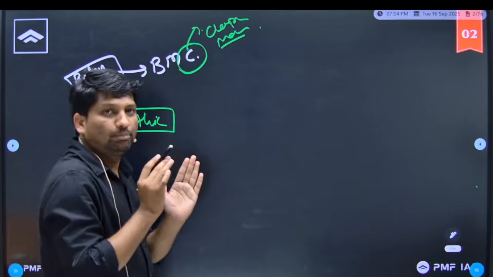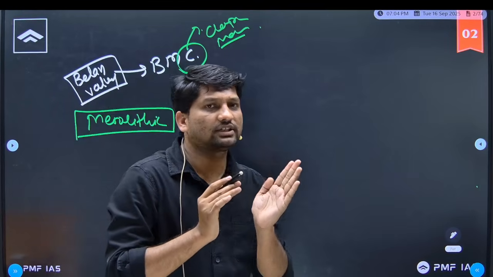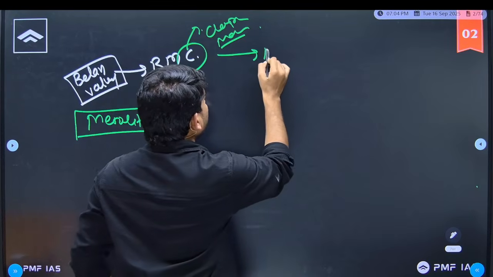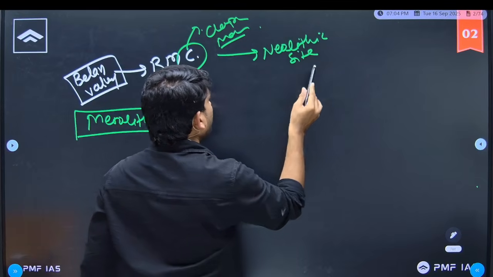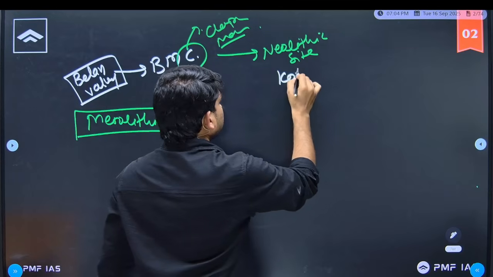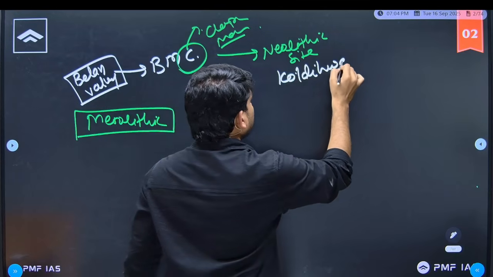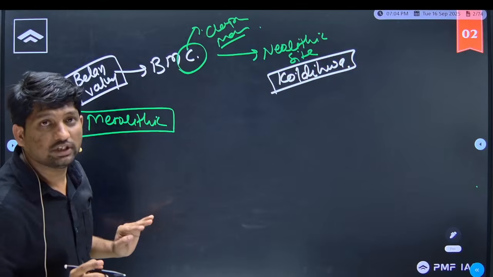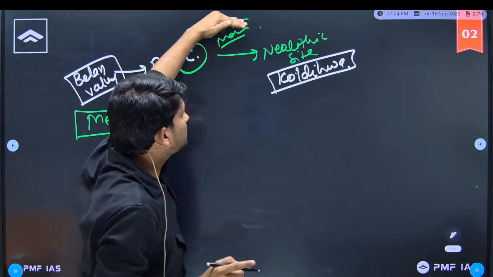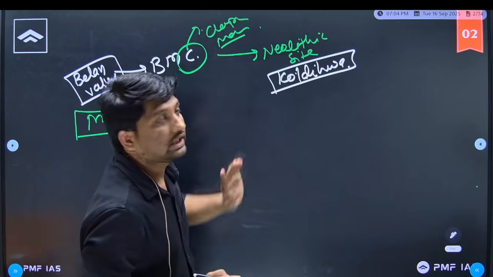If you see in the Belan Valley, after this Mesolithic site, you will find some Neolithic site like Koldiwa. So Koldiwa is a Neolithic site. Means if you consider the Belan Valley, first you have found this Mesolithic site. After this Mesolithic site, there are a few Neolithic sites.